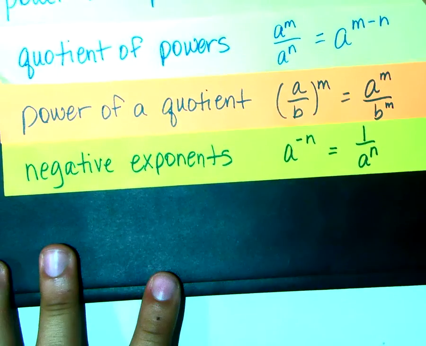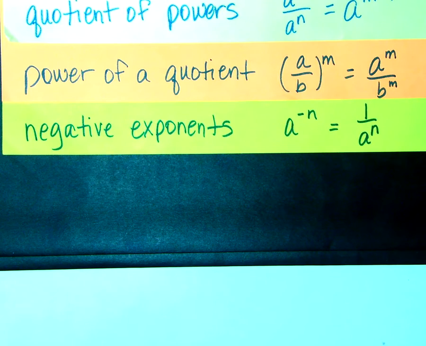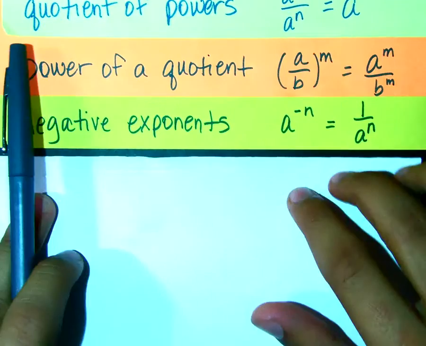I'm going to have to write a little bit to help remind you why we can do this. When we have negative exponents, we can write a negative exponent in the denominator and change the sign.